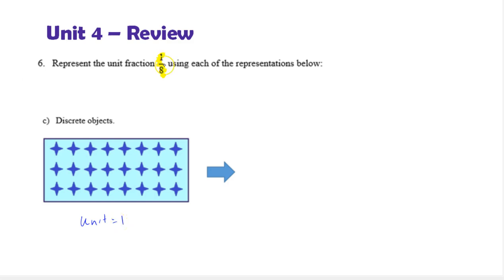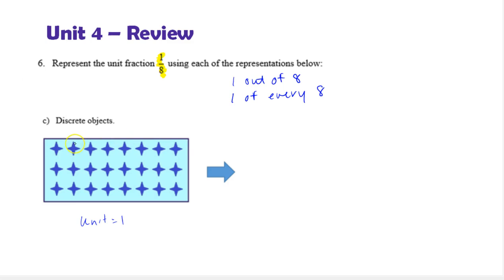So let's think of 1/8. One of the ways we thought of it was 1 out of 8. But since there's more than 8 here, it may be more beneficial to think of it as 1 of every 8, meaning if we group these into groups of 8 and take 1, then that would be 1 of every 8.